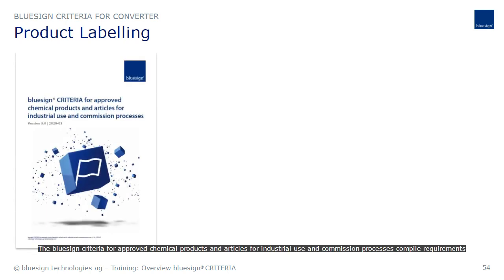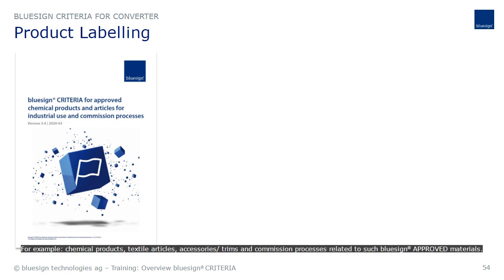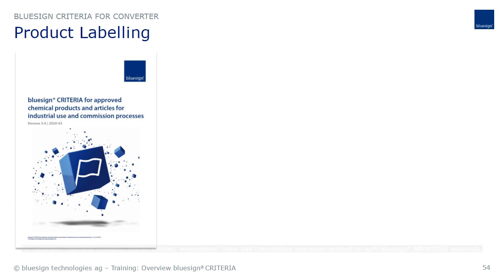The Bluesign criteria for approved chemical products and articles for industrial use and commission processes compile requirements for the use of the Bluesign approved trademark in a B2B context. For example, chemical products, textile articles, accessories, or trims, and commission processes related to such Bluesign approved materials.